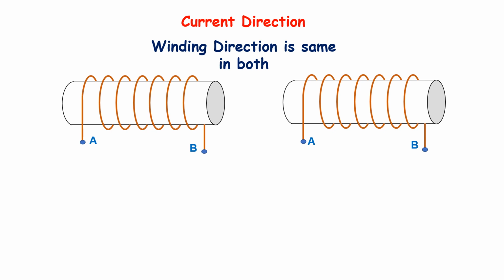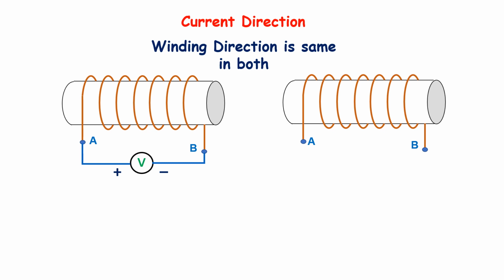Starting from A, in the first figure, the coil is wound from front to back. In the second figure also, starting from A, the coil is wound from front to back. That is how we say winding direction is same in both the figures. Let us connect the supply to the first coil.